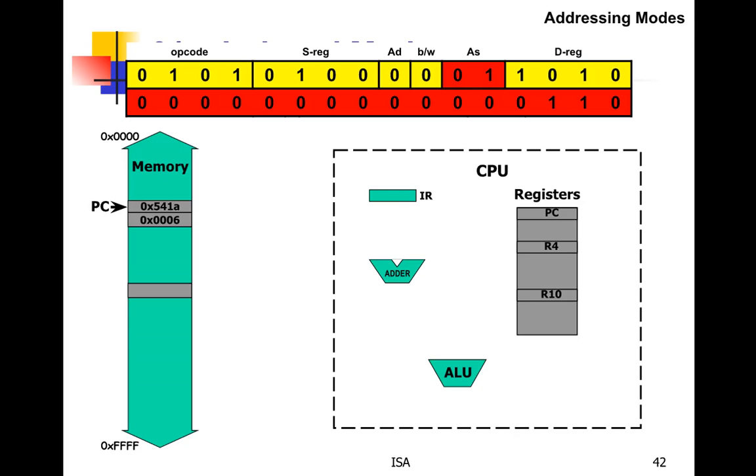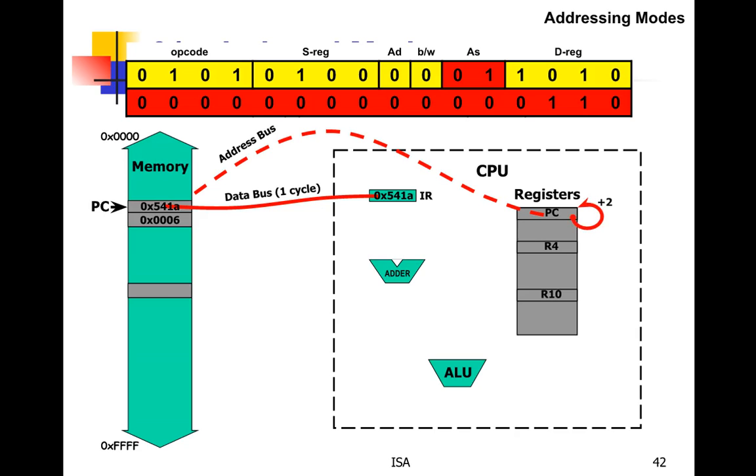So as we execute the machine code, the first thing it does, the PC is read, and it goes out and reads the machine code instruction there where the program pointer is pointing, and it gets 541A, which it puts in the instruction register in the CPU.